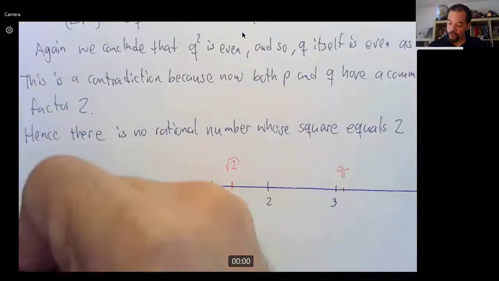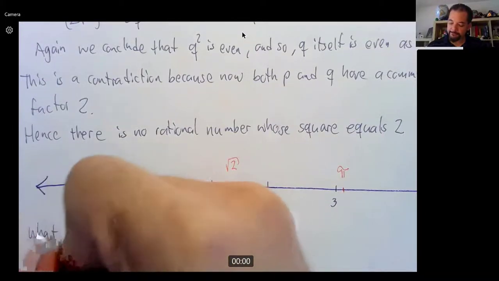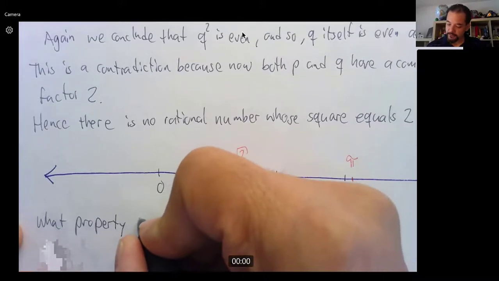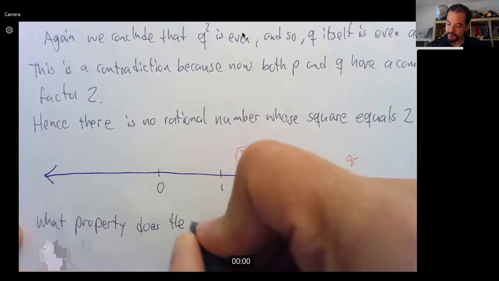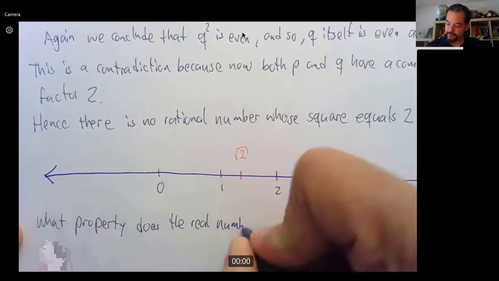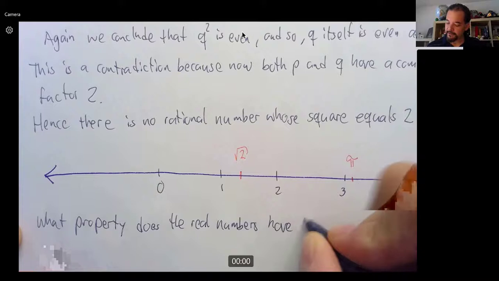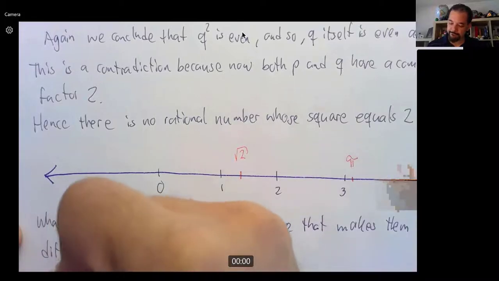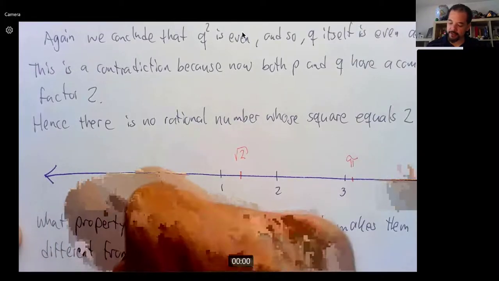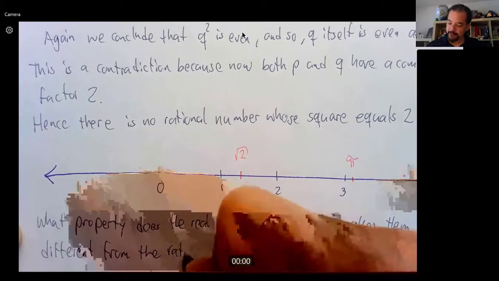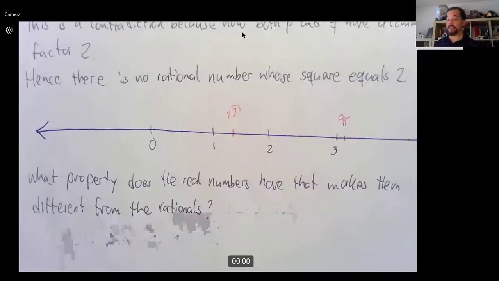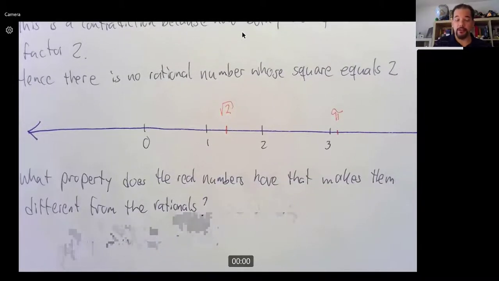Okay, so what property does the real numbers have that makes them different from, say, the rationals? That's really the key aspect that we want to discover, right?